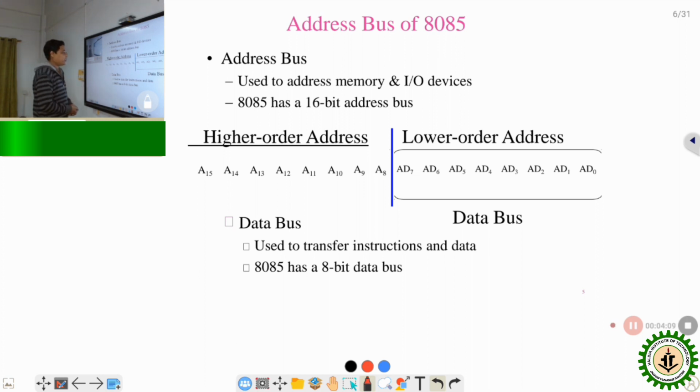As it is said, the address lines are divided into two parts, called higher order address and lower order address, A8 to A15 and AD0 to AD7. And this AD0 to AD7 also acts as data lines for communicating the data or instructions to or from the memory.